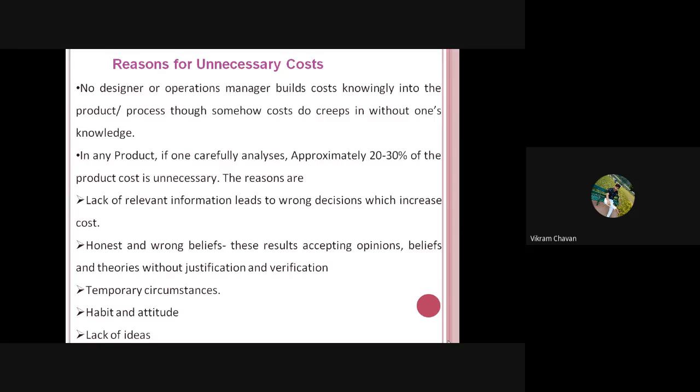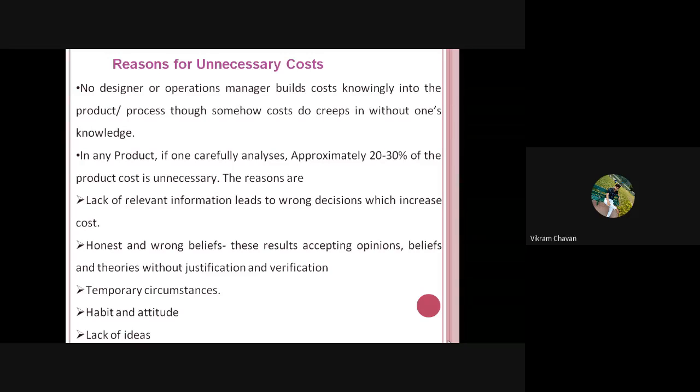No designer or operations manager builds cost knowingly into the product, though somehow costs do creep in without one's knowledge.